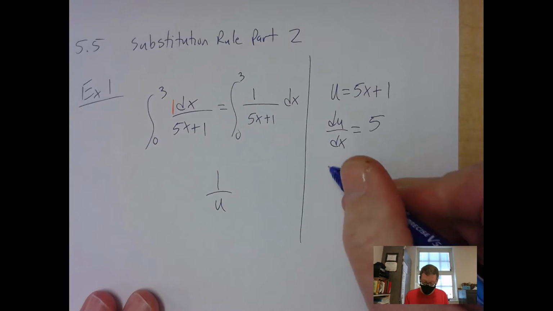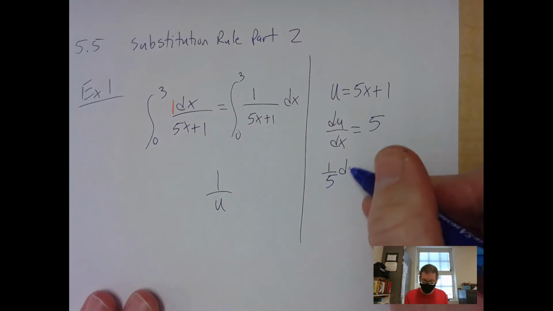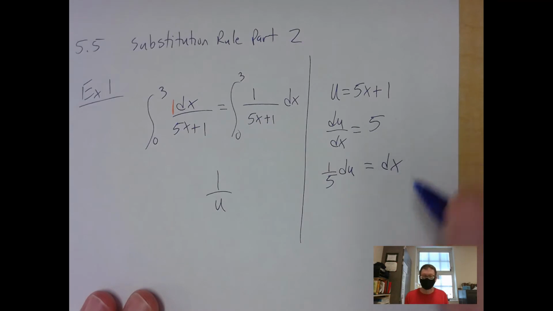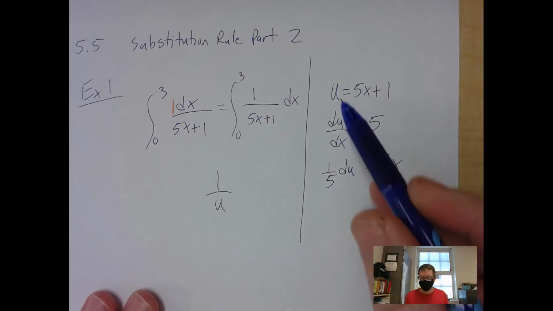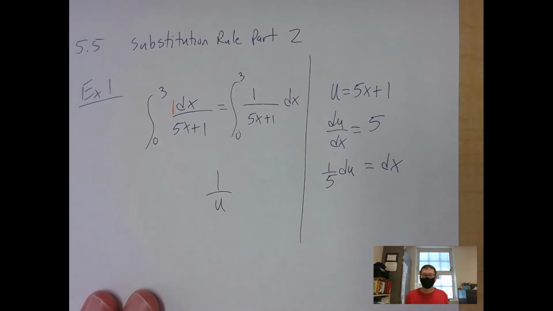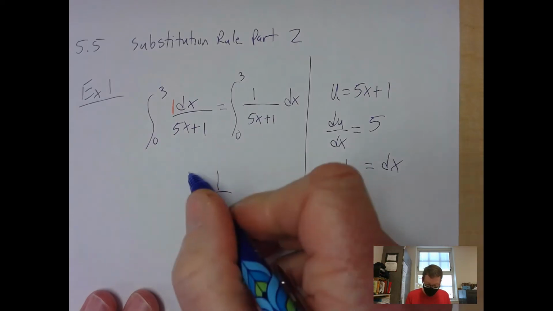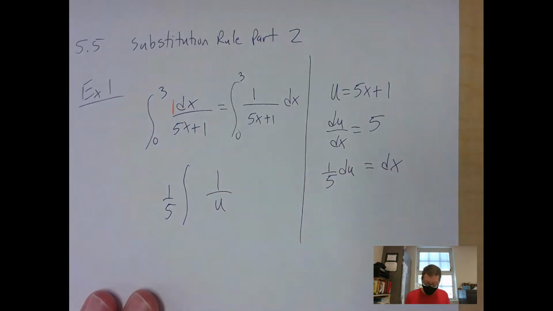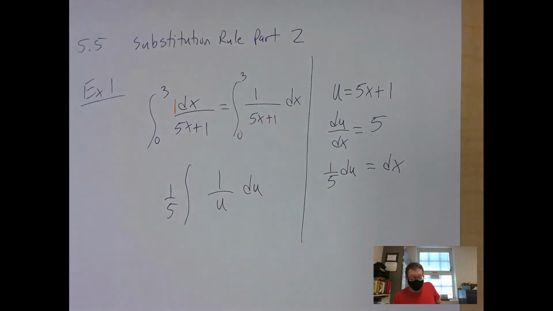So it's going to be 1/5 du is equal to dx. So I multiplied the dx over, and I divided the 5 back. So the 1/5 comes out to the front. That's probably the easiest way to handle that. The du here.